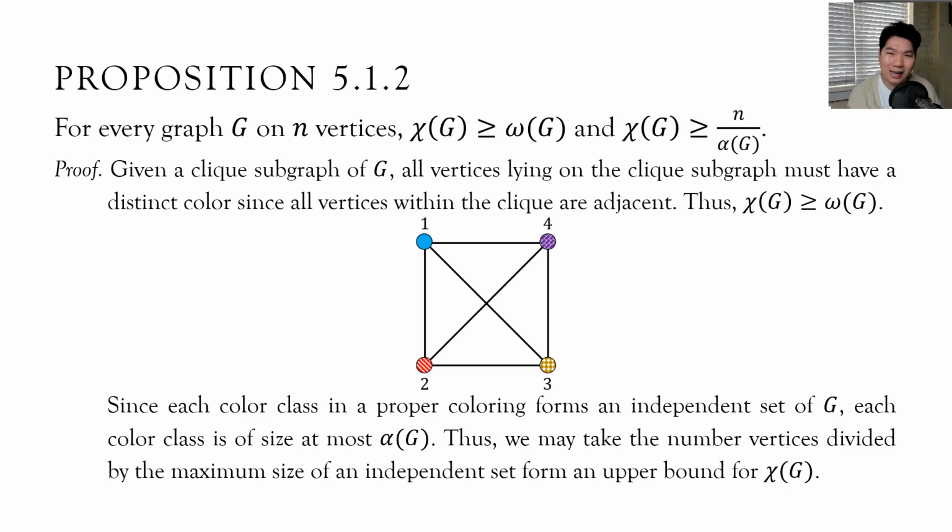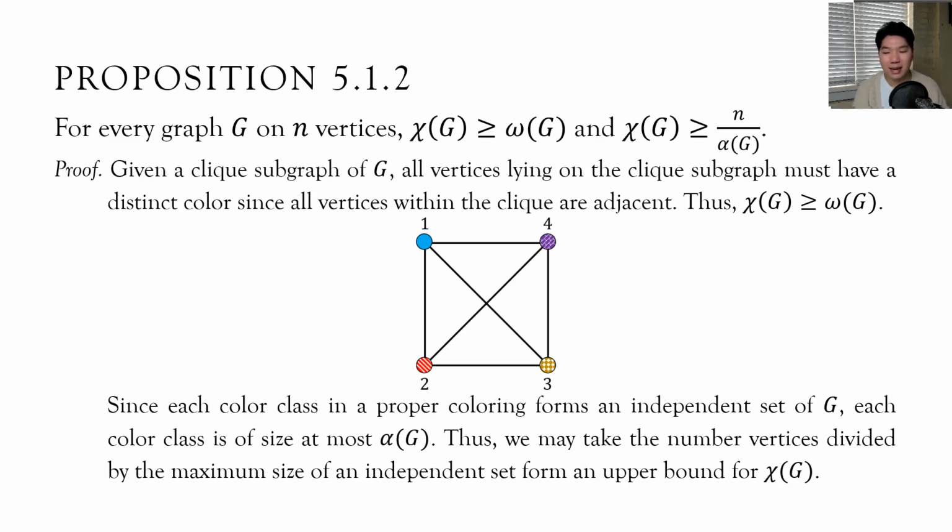Hence, if I take any color class, the biggest color class has to be bounded above by the largest independent set. In fact, you can almost think of these as interchangeable. I don't want to say exactly interchangeable. If I take any independent set, I can take all of those vertices and assign them the same color to form a color class.